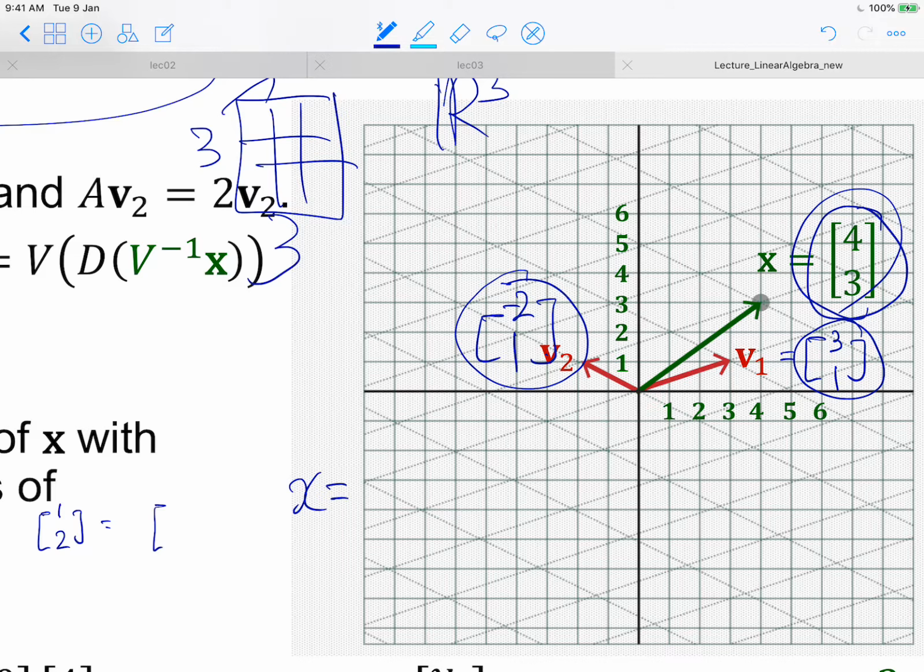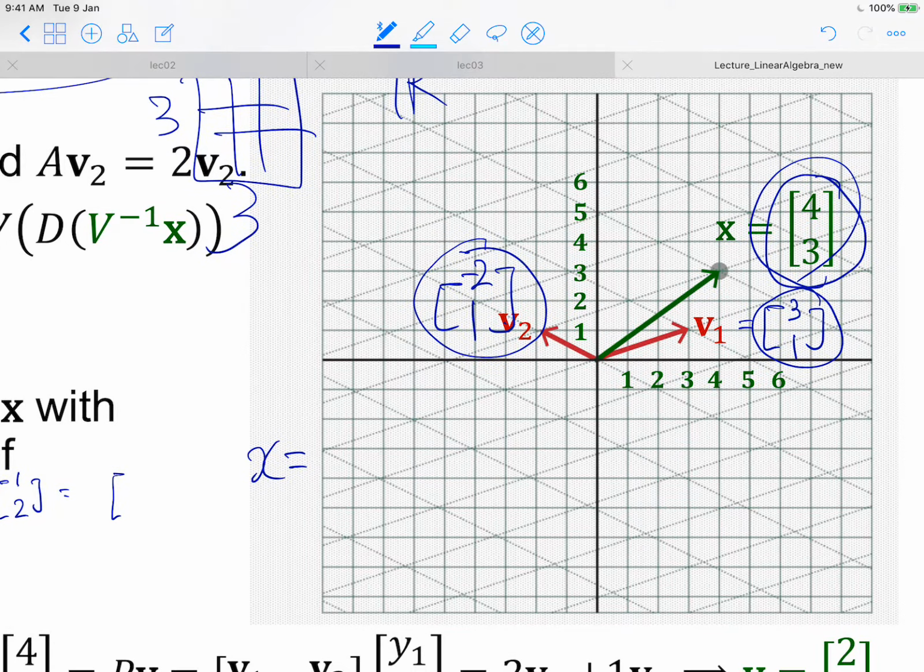Again, eigenvectors can work as a new basis for any given vector in the same dimensional space, right? Because in n-dimensional space, if we have n linearly independent vectors, which are our eigenvectors, we should be able to represent any given point as a linear combination of these eigenvectors.